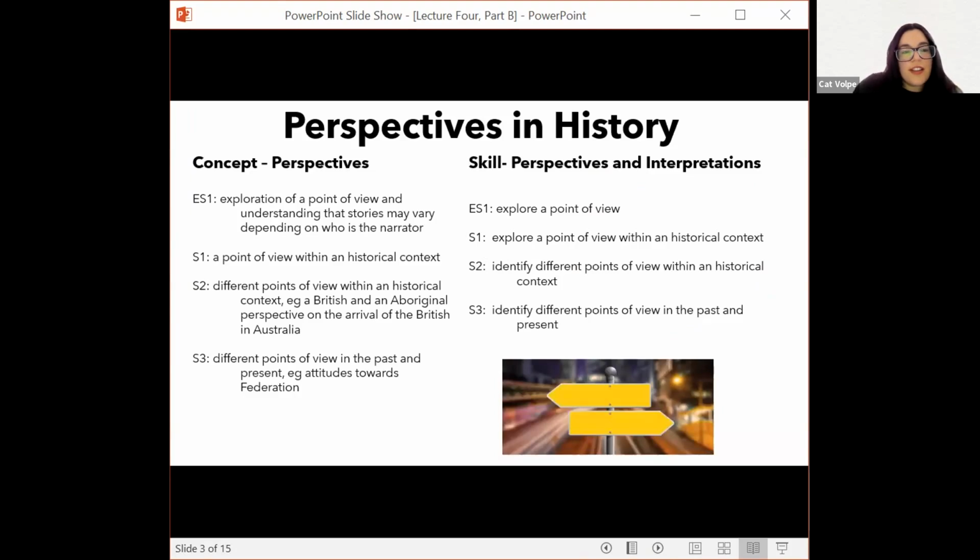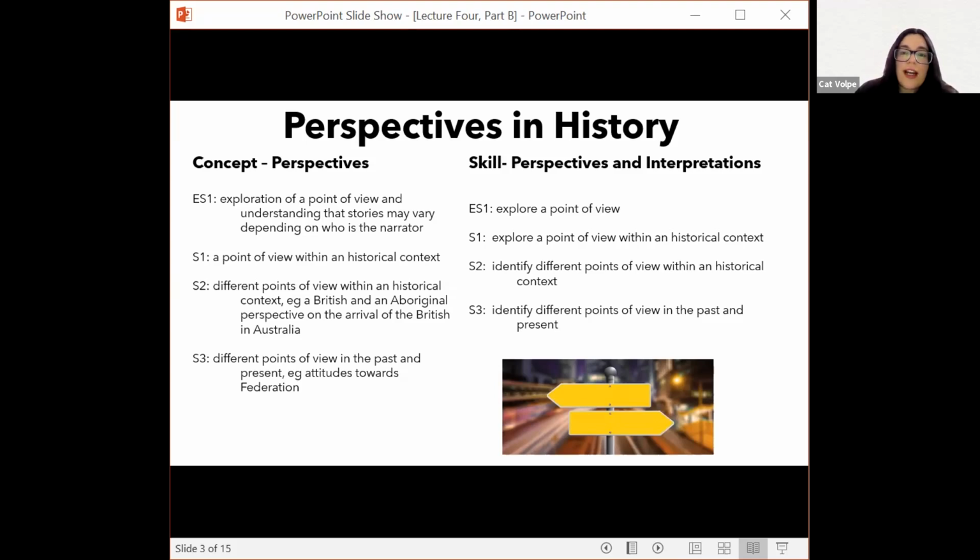All right, as we look at this slide here, we can see that perspectives is both a concept and a skill, as stated before. In early stage 1, we need students to understand the concept of perspectives through an exploration of a point of view and understanding that stories may vary depending on who is the narrator.